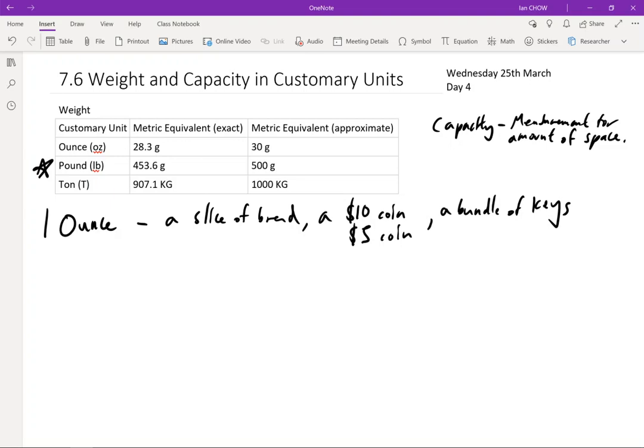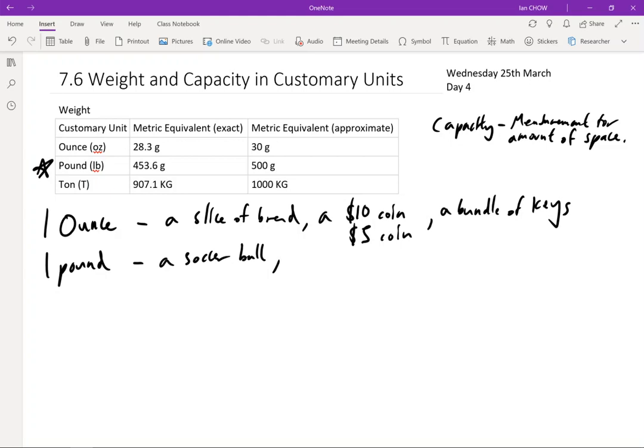Now next we talk about 1 pound. What kind of things could be 1 pound? The textbook here says a soccer ball. I'm not actually sure what the exact weight of a soccer ball is. We can probably check the standard weight of a soccer ball on the internet, but I'm not going to do that now. What other things could be a pound?